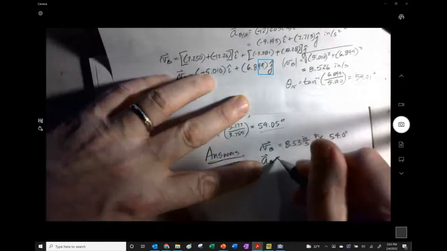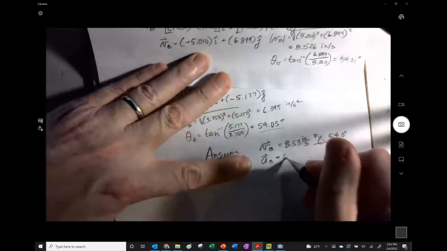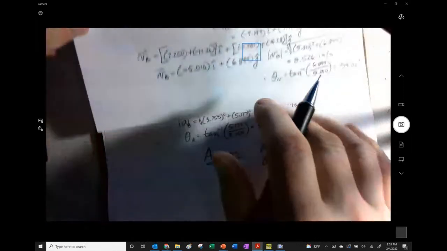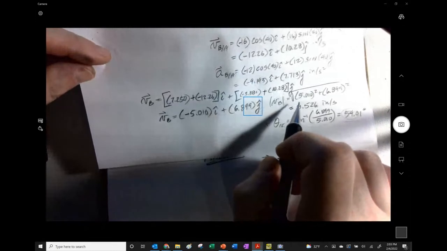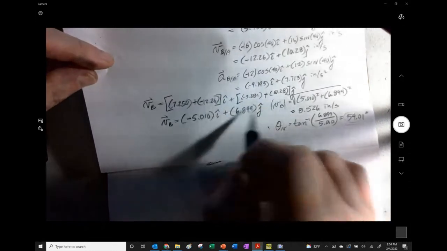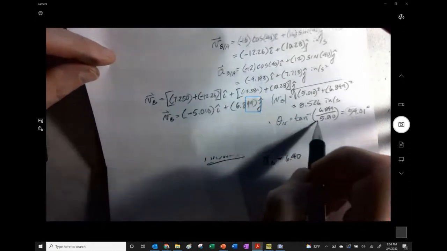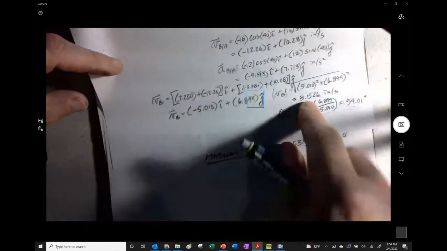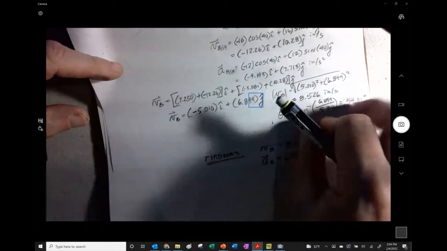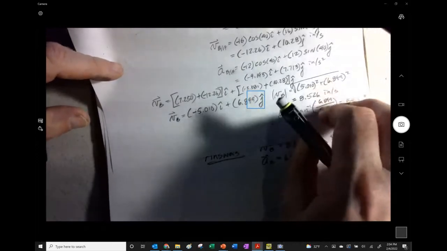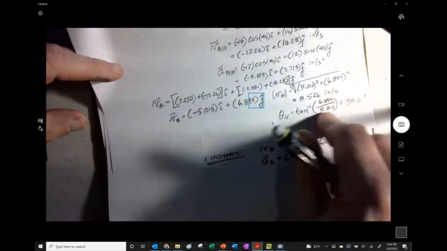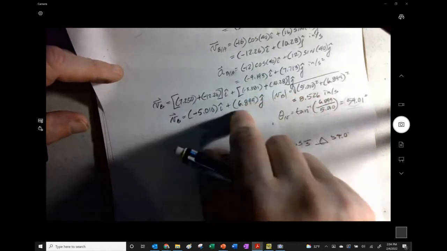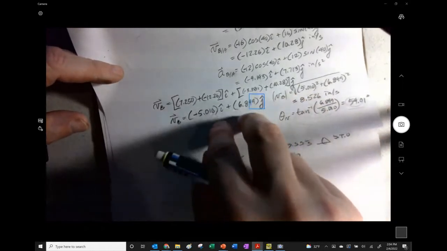Professor? Yep. In the first one on the page above it, right? How come you didn't put the negative 5.01 when finding the angle, since in the i direction it's negative 5.010? Okay, so this is my method of doing it. If the negative works for you, that's okay. But I just look and see that one's negative and that one's positive, so I know what quadrant it's going to be in.